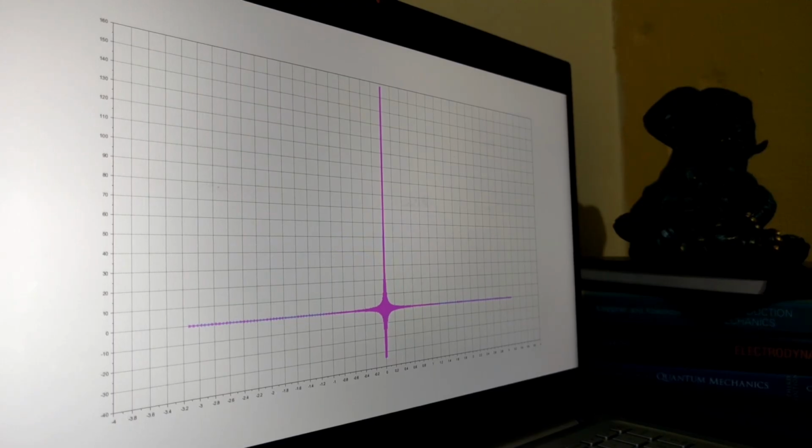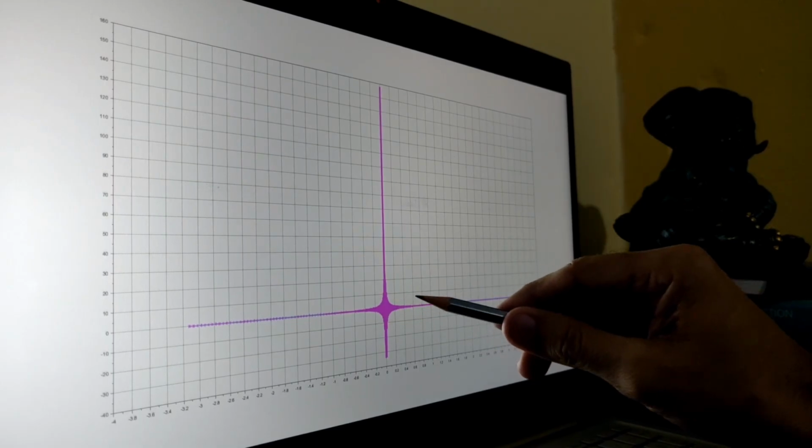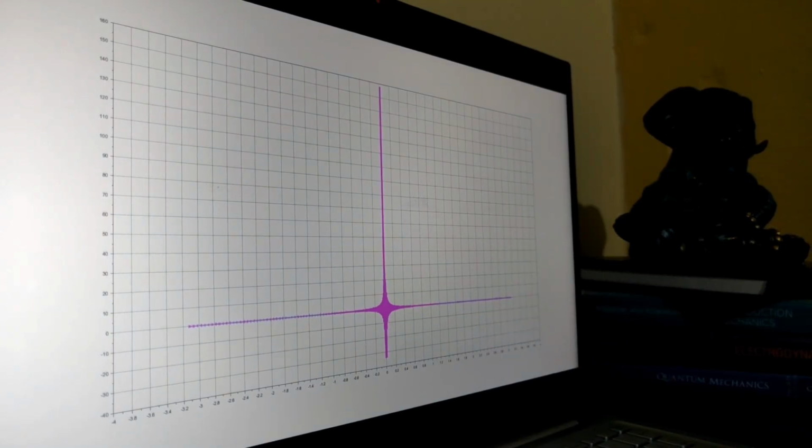But this is the idea. If you add an infinite number of terms, cosine waves at x equals 0 will give you the Dirac delta function. And now let me zoom in somewhere here to show you we are still having oscillations that you cannot see, but you will see now when I zoom in.